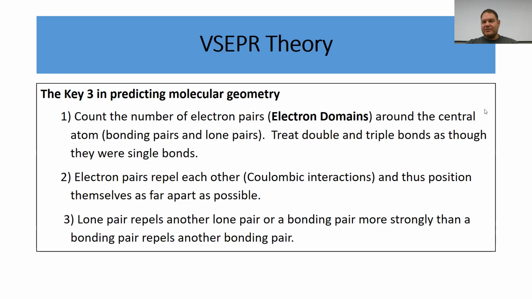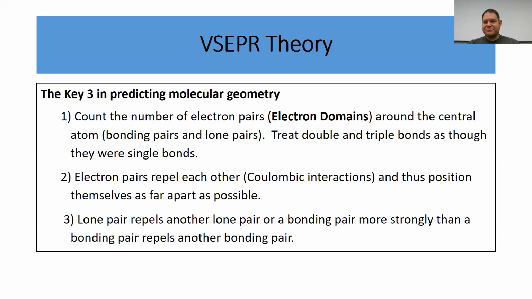All right, now we're going to look at three key ideas in predicting the molecular geometry, keeping in mind those electron domains. Number one is that we need to count the number of electron domains around that central atom. That's the first thing we do. Of course, those include the bonding pairs and the lone pairs.